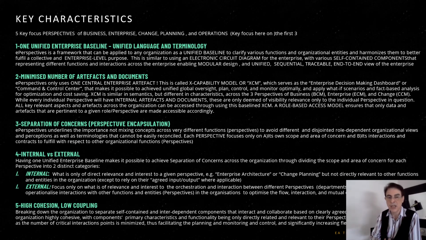So as long as, for example, the blue perspective can provide the BCM, we can even outsource it to another organization and say, you do that, we don't care how you do it internally, as long as you provide us a BCM that is valid and validated and we can work from. So that's very much like the digital circuit analogy I alluded to a moment ago with respect to componentization.